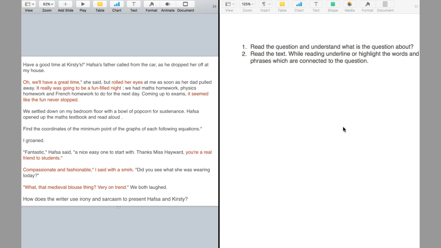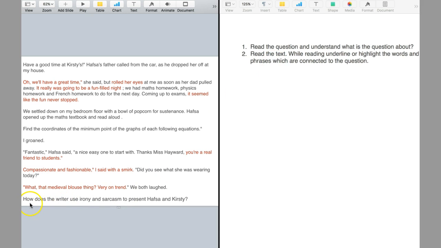So when you read a question, it gives an idea what it is about, and when you read that text, you can understand more what you are going to write about, and it gives more focus about the question and the text. So always read the question first and understand what the question is about, then read the text.